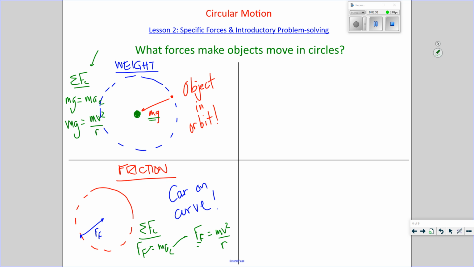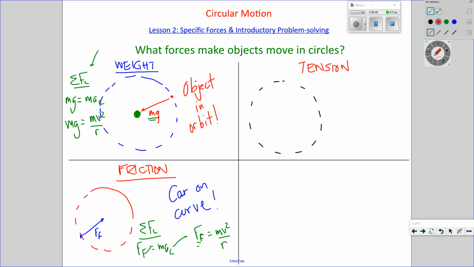All right. Example 3. I jumped right to the end there. Well, tension is a pretty popular one. Do I have to draw this again? Sure, why not? Here's an object moving around in a circle.